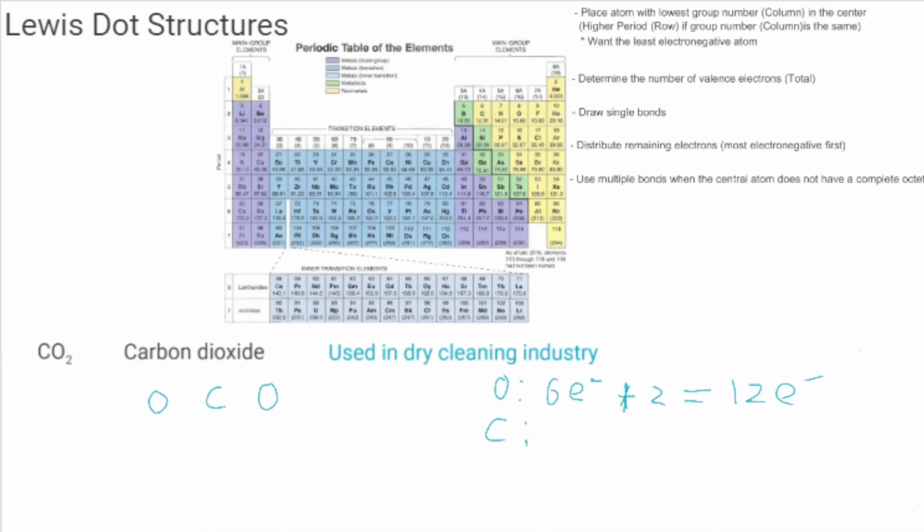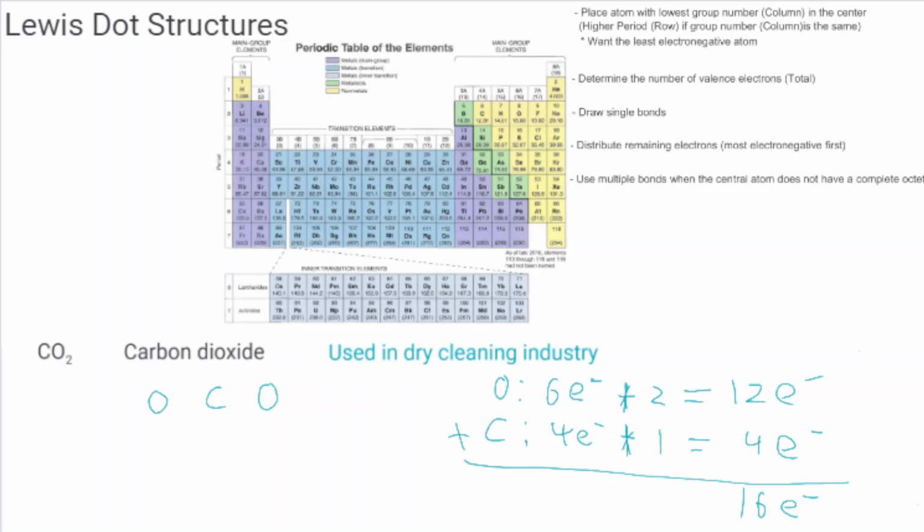Carbon, as we determined previously, has 4 valence electrons. Again, you can just count up on the periodic table, starting from the left, just counting the elements. We have 1 carbon, so that's going to provide, not 6, that's going to provide 4 valence electrons. Add all those up together, and we get 16 valence electrons for this molecule.